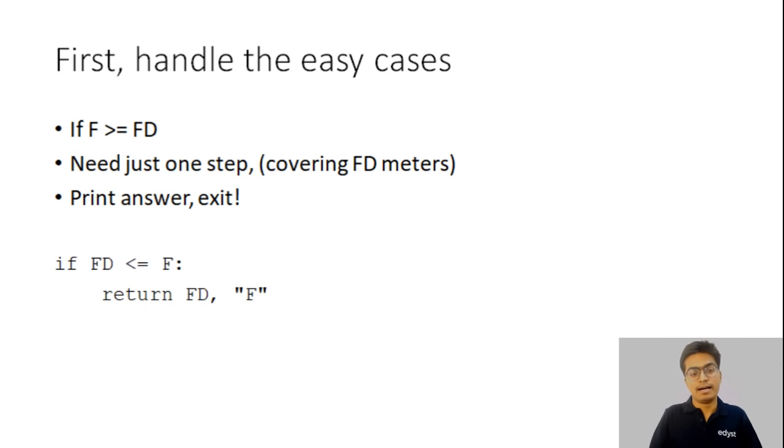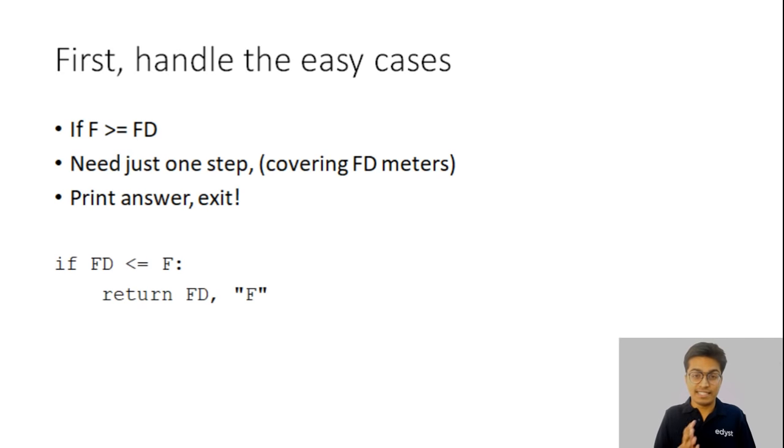Given this, you ideally first want to handle the easy, straightforward cases. Straightforward cases here could mean, what if within our first step, the robot is going to end up falling into a ditch? That seems like a pretty straightforward case. When do you think that could happen?